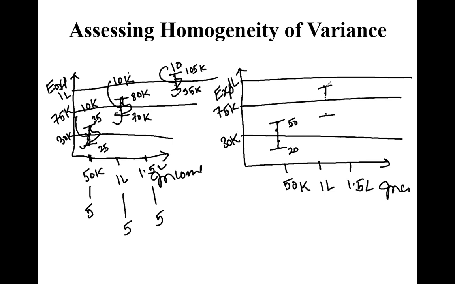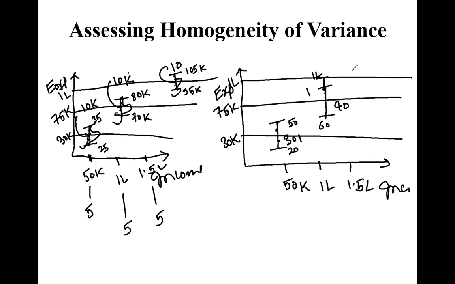So what is the range? The maximum is 1 lakh and the minimum is 60,000. So the range is 40,000. Here the range is 30,000. And for the 5 families whose monthly income is 1.5 lakh, their expenditure is 1 lakh.